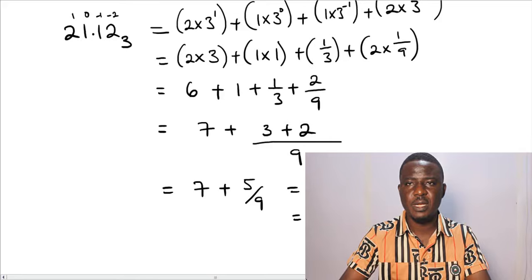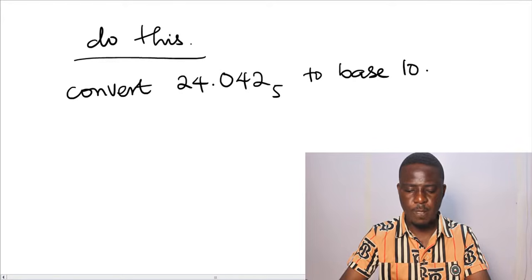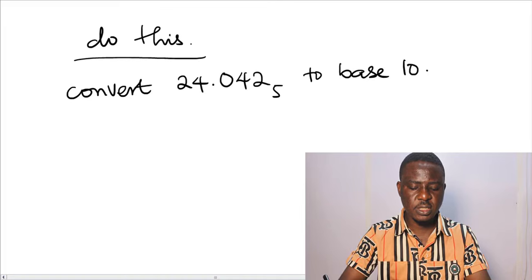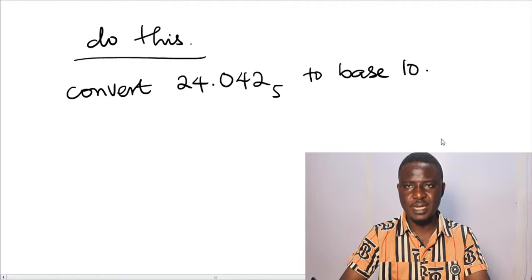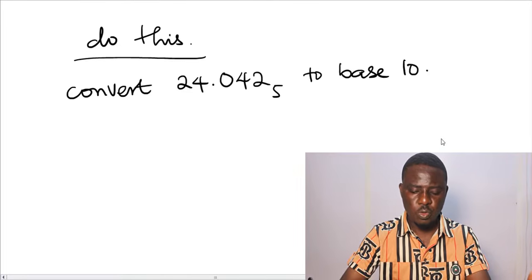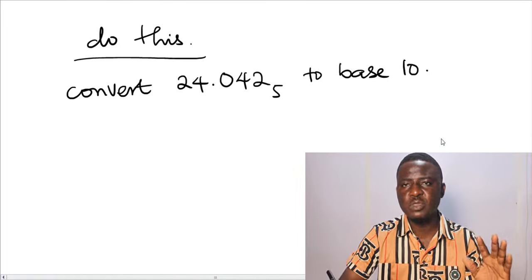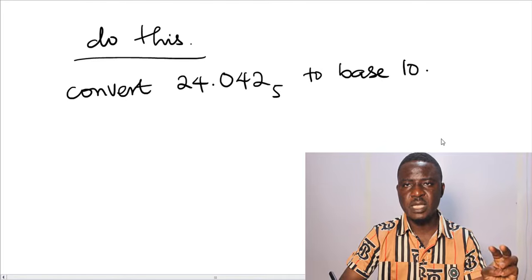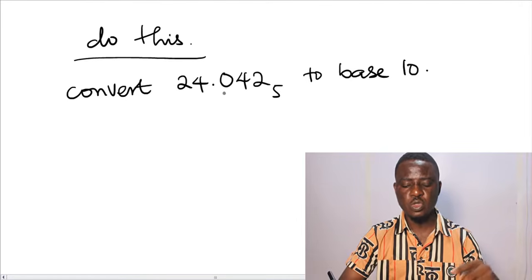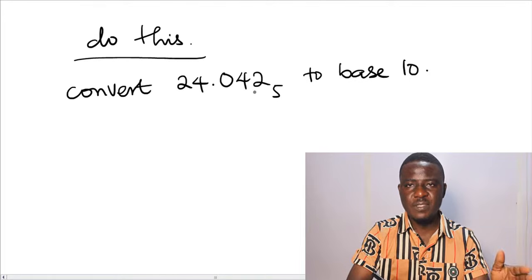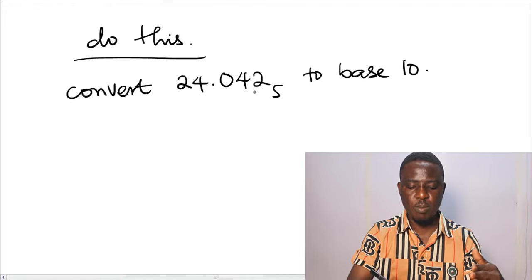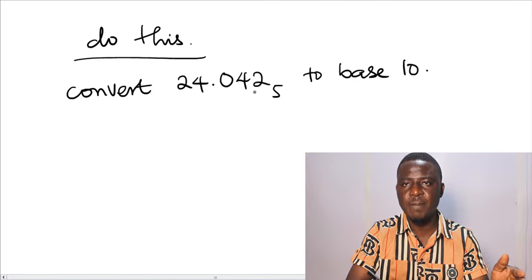Before we go, let me give you one to try. You have to convert 24.042 base 5 to base 10. Just like I told you, you have 3 steps to take. First is to assign place values to each of these digits. Digits to your left, beginning from the decimal point, you have to assign positive values to them beginning from 0.